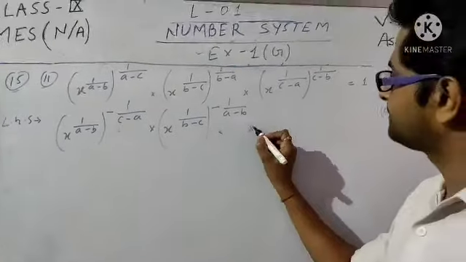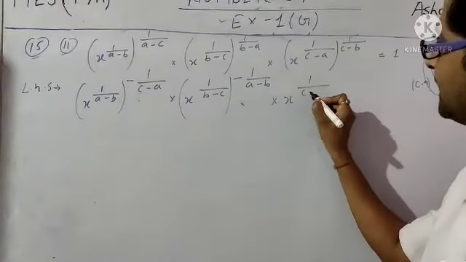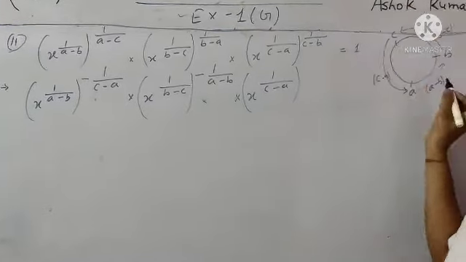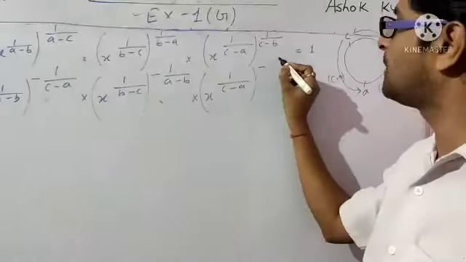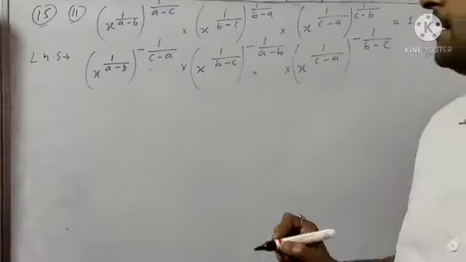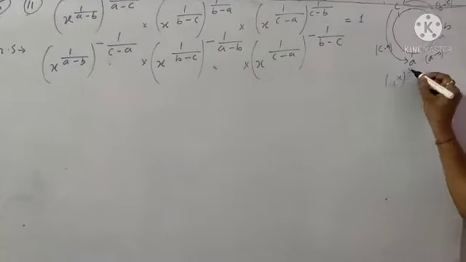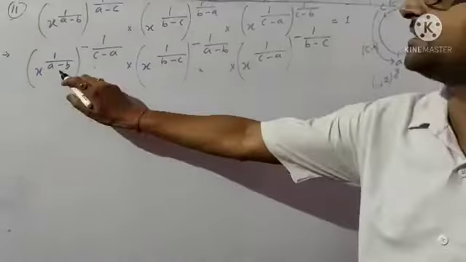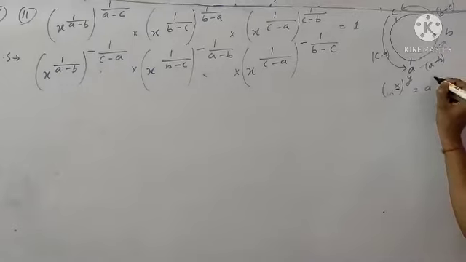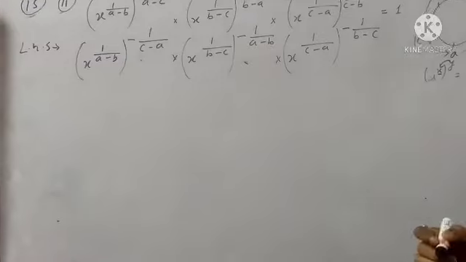Okay, but the last step is x to the power 1 by C minus A and the whole power is again C minus B. Here it is B minus C. So take minus common and write down here B minus C. Okay. We know that, student, according to the property, A to the power x and the whole to the power y, because here is the x value and y value, we can write A to the power x into y. That means these two values are in the form of multiplication.